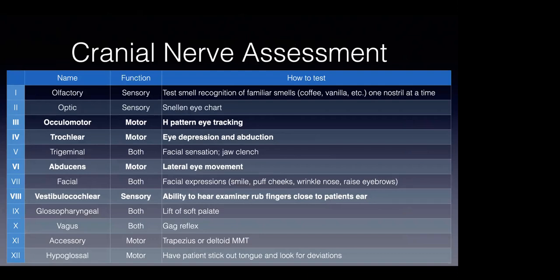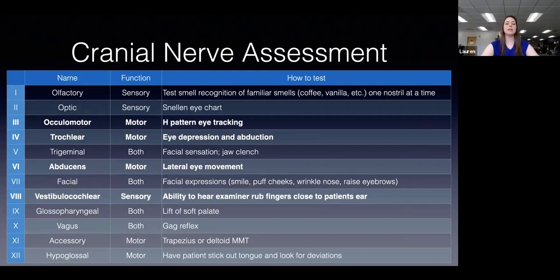Yeah, go. The ones that I would most commonly do, especially post-concussion, are the ones that are bolded, kind of hard to tell, but oculomotor, trochlear, abducens, and vestibulocochlear. So 3, 4, and 6, we always remembered that in school: 3, 4, 6 make the eyes do tricks.